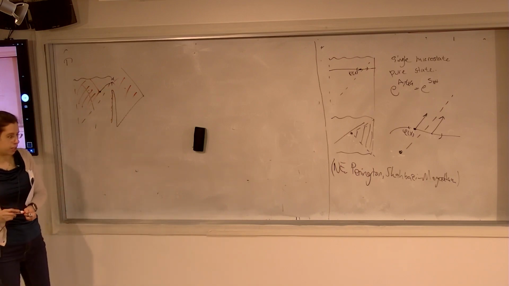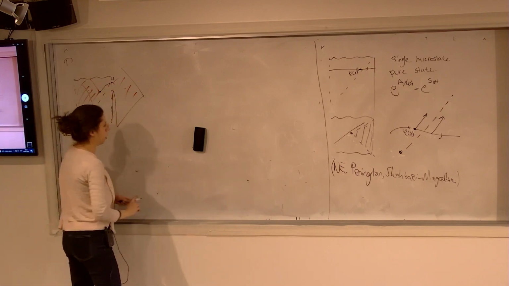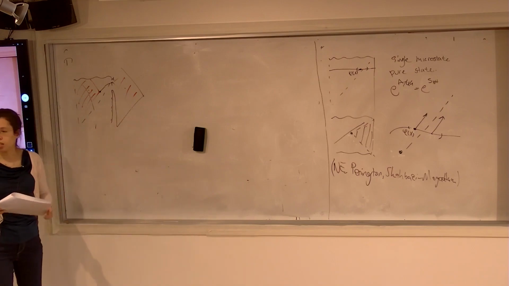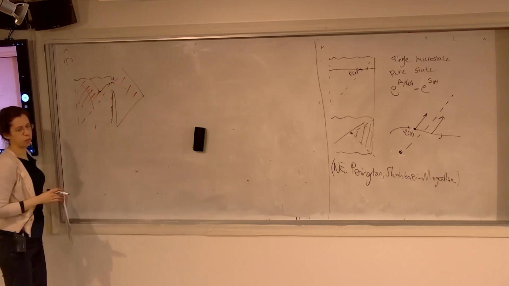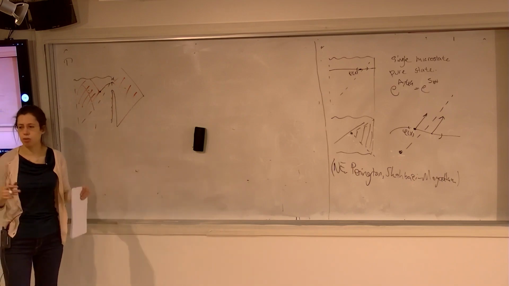The reason that's of course very appealing is because that tells us that after the Page time, we can reconstruct the black hole interior from the radiation, which is of course what we want for black hole evaporation to be unitary.